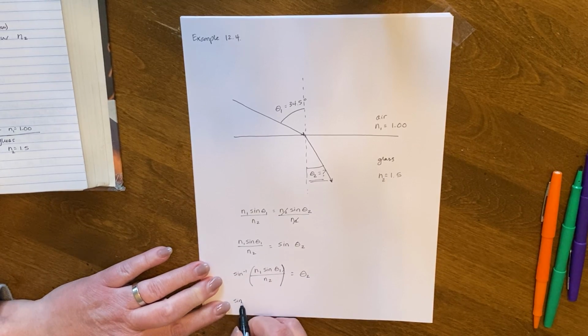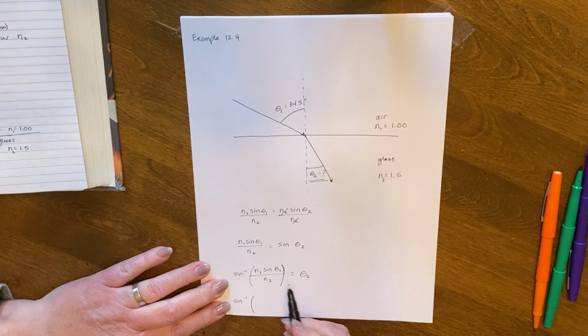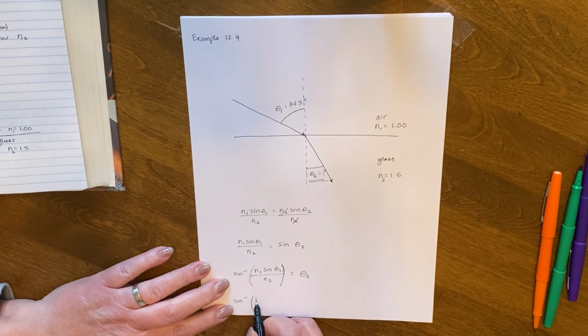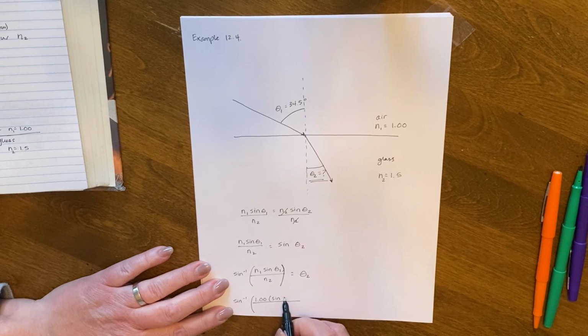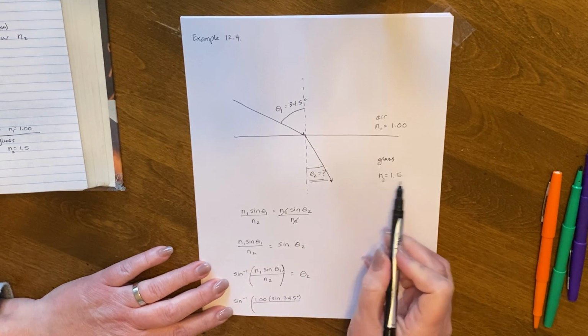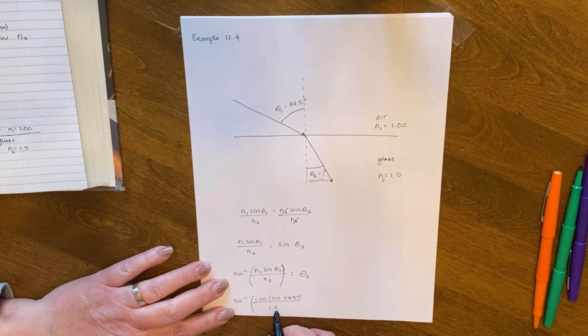So I would have the inverse sine, n1 is 1.00, times sine of theta 1 is 34.5 degrees, all over n2, which is 1.5.